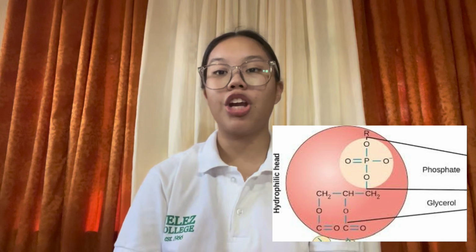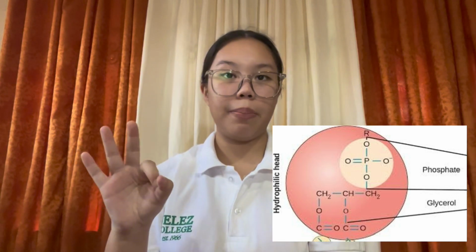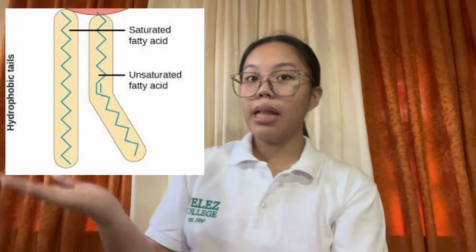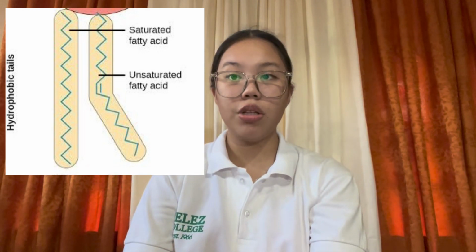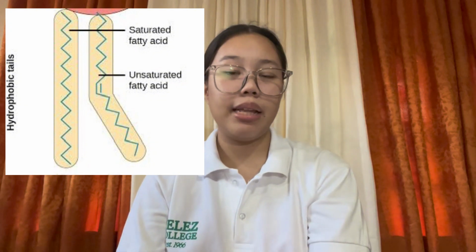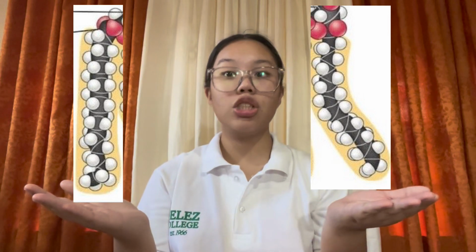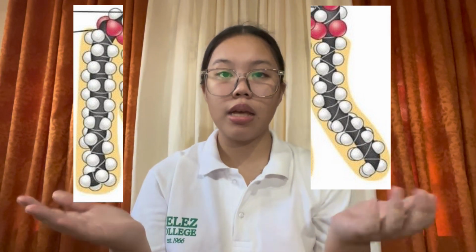The head of a phospholipid is made up of a 3-carbon glycerol backbone and phosphoglycerides. Attached to this backbone is a phosphate group, which carries a negative charge. The tail part is made of 2 fatty acids that are water insoluble, and this can be either saturated, straight in shape, or unsaturated, bent due to double bonds.